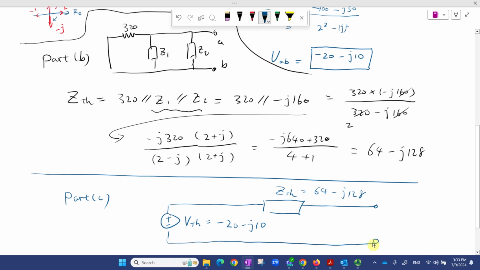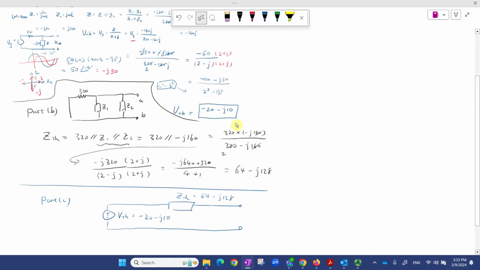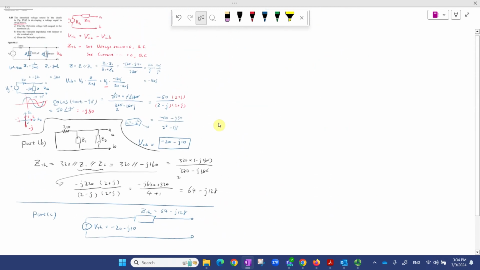That's the Thevenin equivalent. Let me maybe shrink this a little bit so you can see the whole solution down here. I'm not sure if it's clear enough.